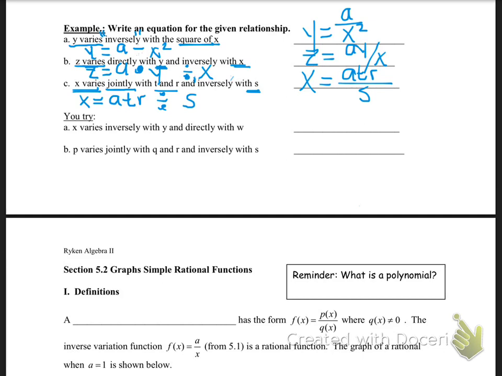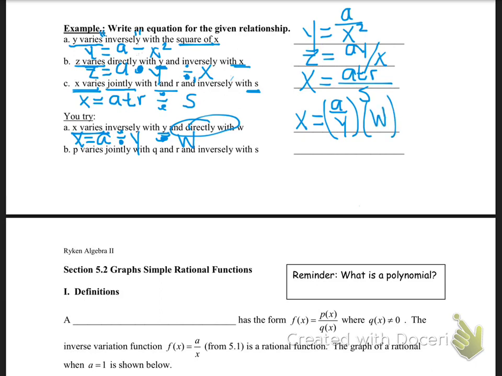Try the next two. Pause the video and try them. I'll continue. x varies inversely. So x equals a divided by y. And directly. So directly means multiplied by w. So if I write that, x equals a divided by y, and then times w.